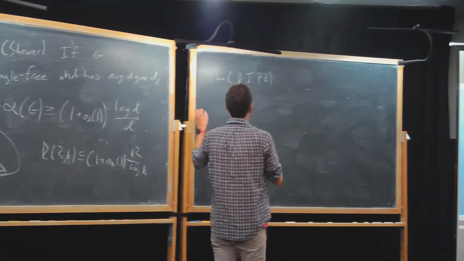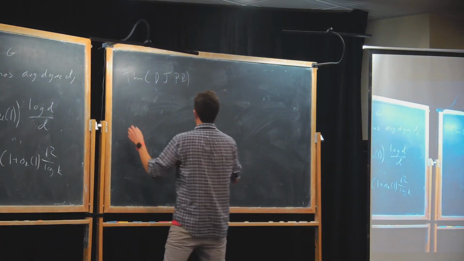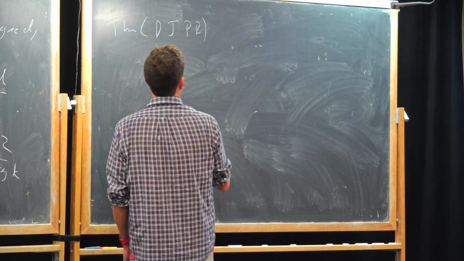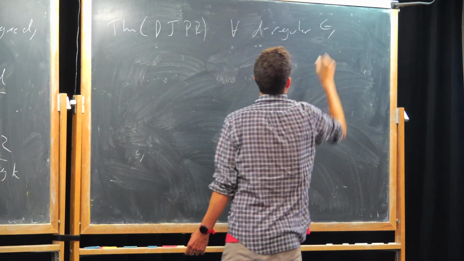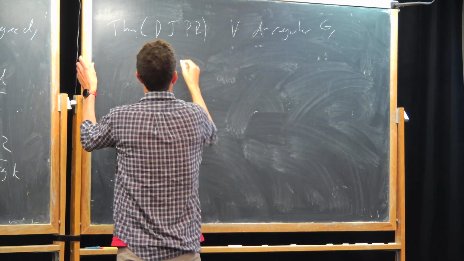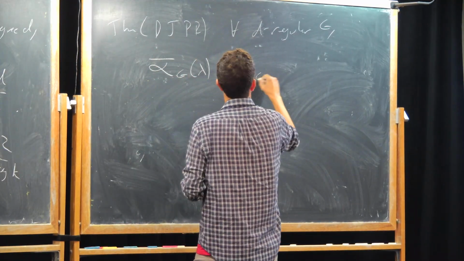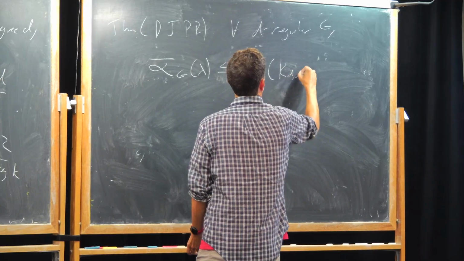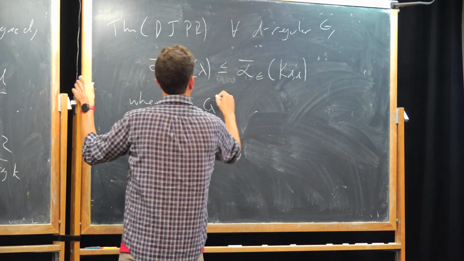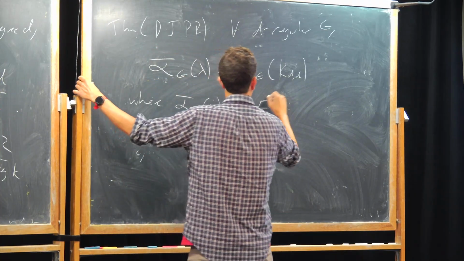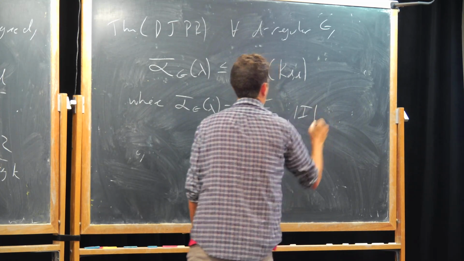So, two theorems. Maybe I'll state the theorem and then say what the definition is. For all d-regular G, alpha bar G of lambda is at most alpha bar K_{d,d} of lambda.